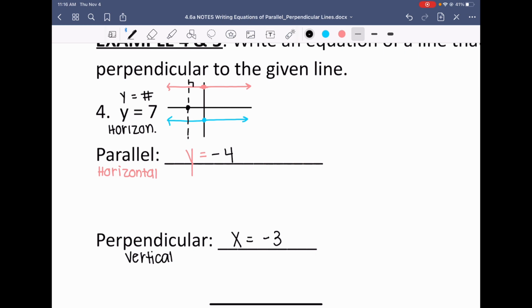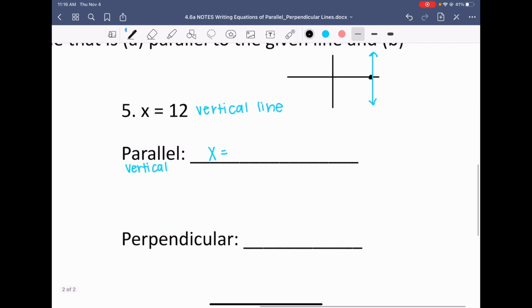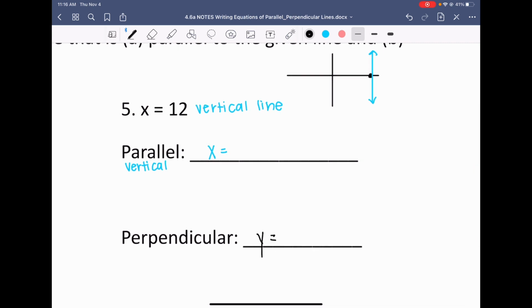So that would be perpendicular. All horizontal and vertical lines are perpendicular to each other. So when you create a perpendicular line to x equals 12, it needs to be y equals, because a y equals will create a horizontal line.